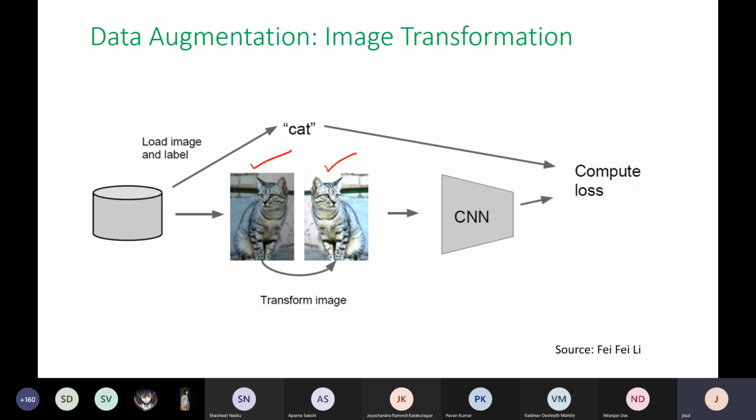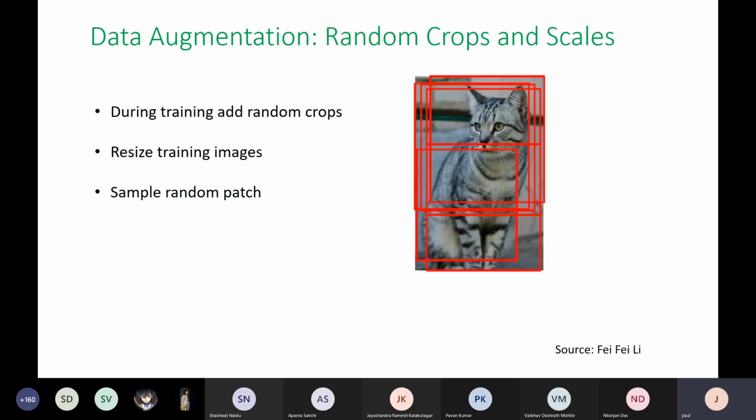The other thing you could do is random crops and scales. By random crops and scales, I mean you can take part of these images, for example only the head or the eyes or the ears of a cat. You can resize these images, make them big or small, sample random patches from different regions, and take each out as a separate image and put it into your training data set.